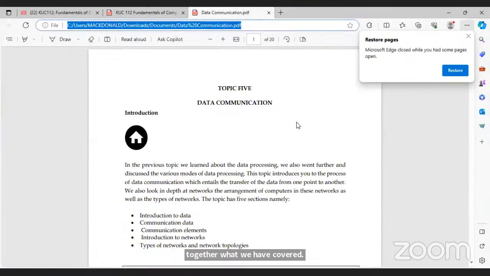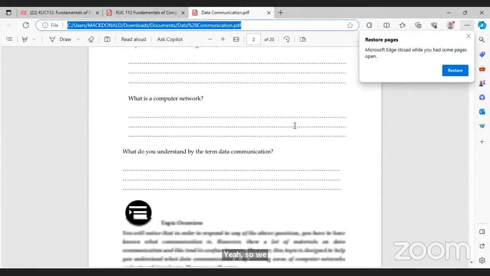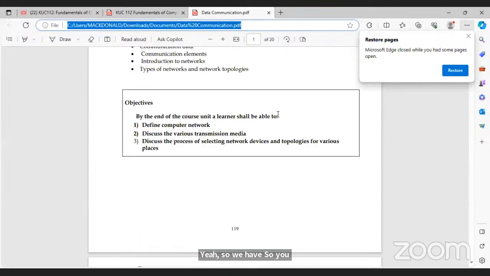Yeah. So we have these questions. You are supposed to define what a computer network is, discuss various transmission media, and discuss the process of selecting a computer device and topology for various places.